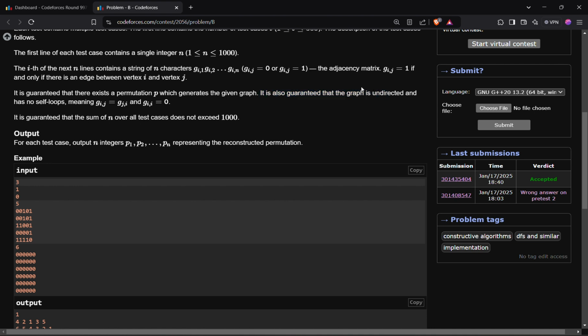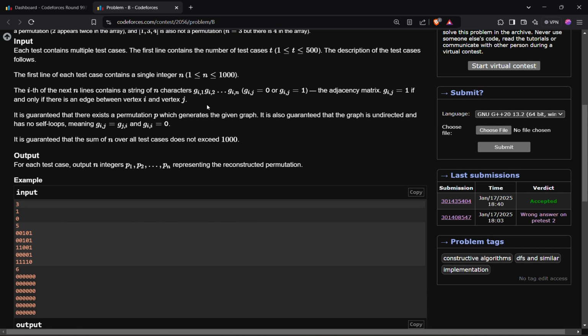It is also guaranteed that the graph is undirected and has no self loops. But the main part here is that it is guaranteed that there exists a permutation p which generates the given graph. Okay, makes sense? Yes, absolutely does.